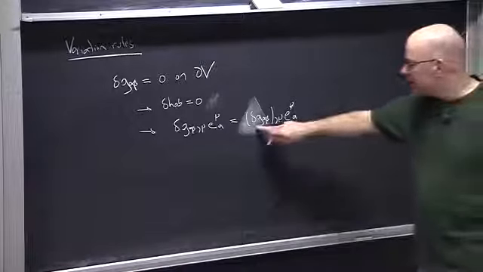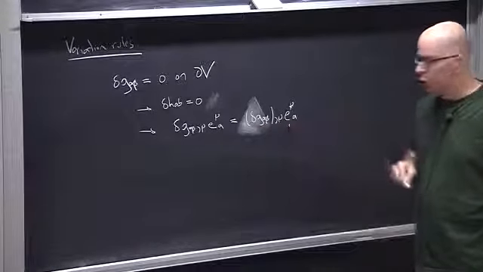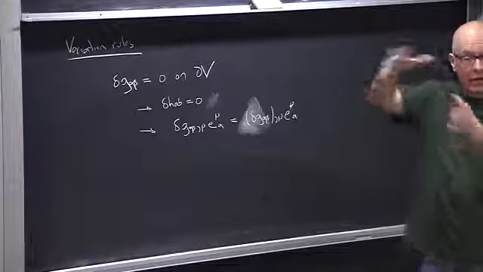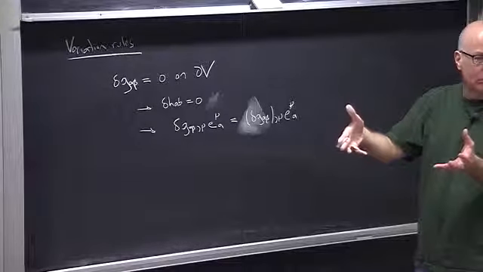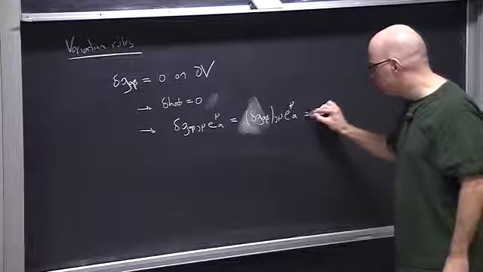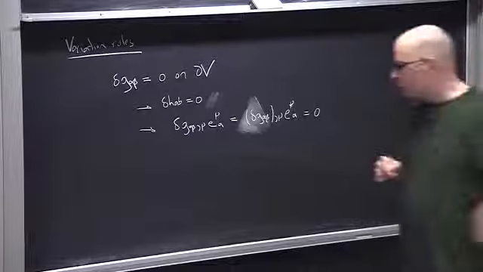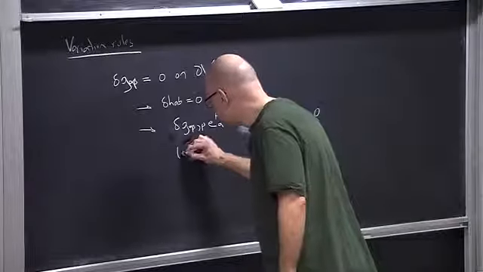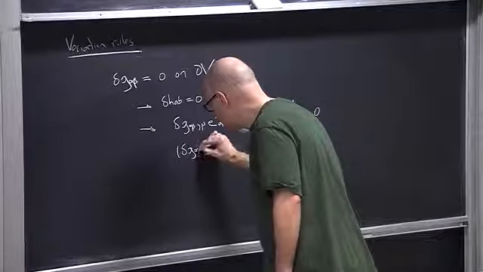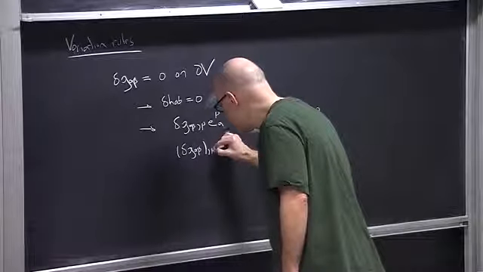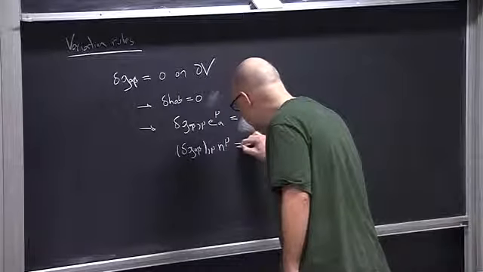And because this is 0 on the boundary, the derivatives have to vanish also, provided that I'm differentiating on the boundary. What's not true is that the normal derivatives will vanish.